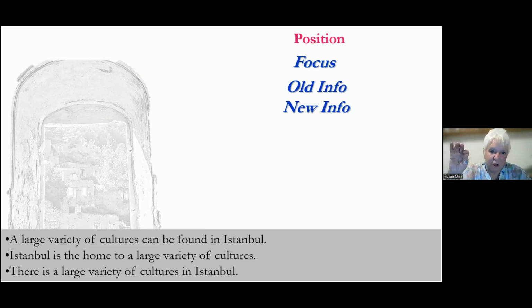Grammatically, it fulfills a function. Meaning-wise, it's empty. The actual concept is in the middle. So this could be a sentence that introduces a variety of cultures, or it could be introducing Istanbul. I don't know, because we don't know the paragraph. But by looking at sentences, we can judge what came before, and what probably comes after.